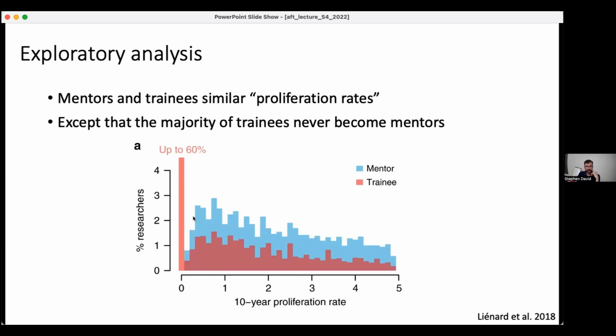First of all, there's this double exponential distribution where, looking at the average number of trainees in 10 years, most mentors have this peak around 1. And that's true of the next generation as well. But there are many, many trainees, this is a cutoff, that just have no trainees of their own, right? So many, many people don't continue. Those that continue have about the same distribution of trainees as their mentor.